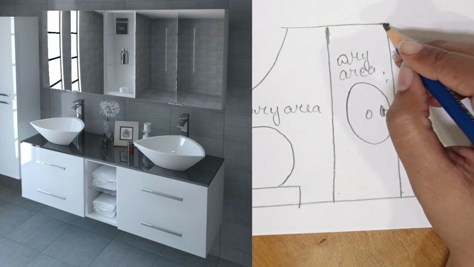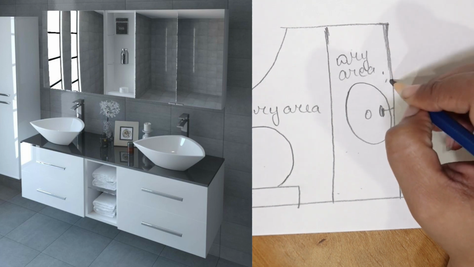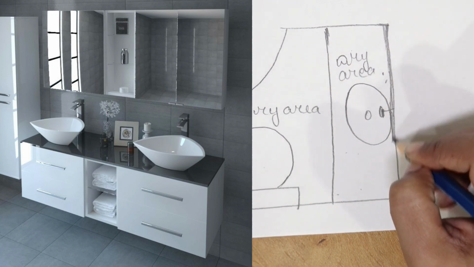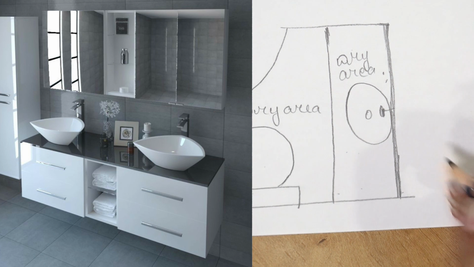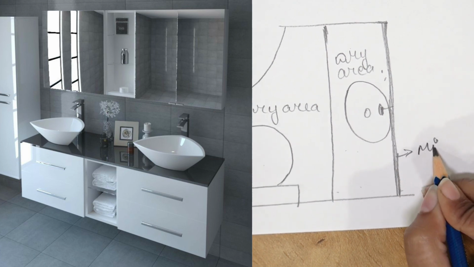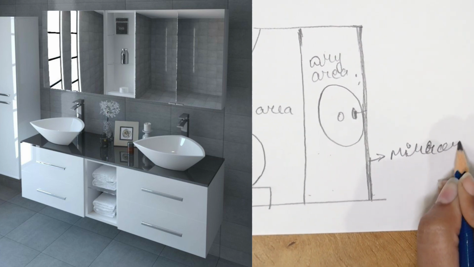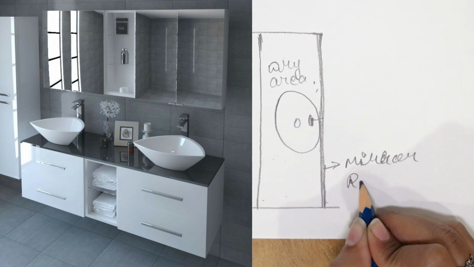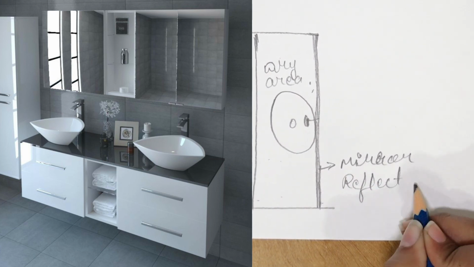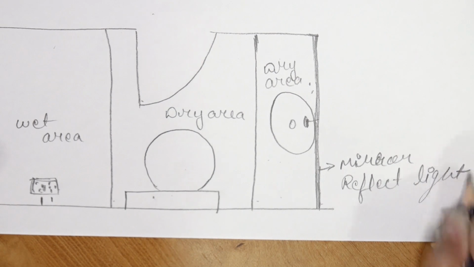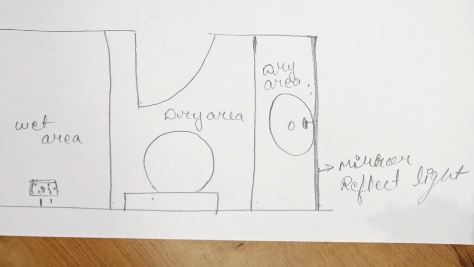So what I can do is place a full length mirror alongside the length of the wall, so it can reflect the light and make my bathroom very airy and light.